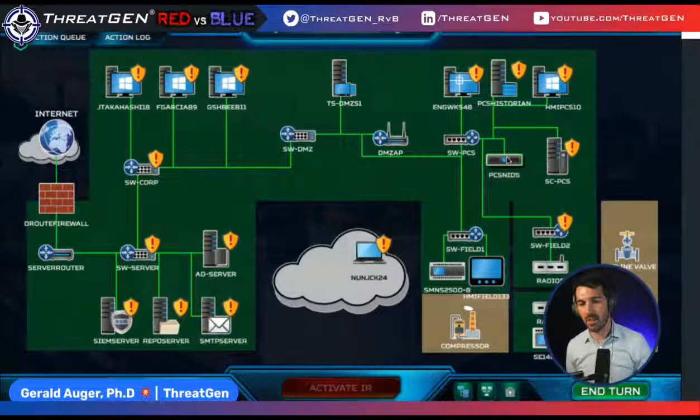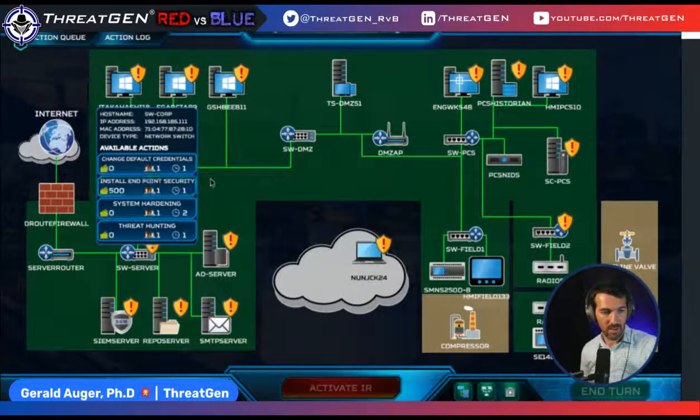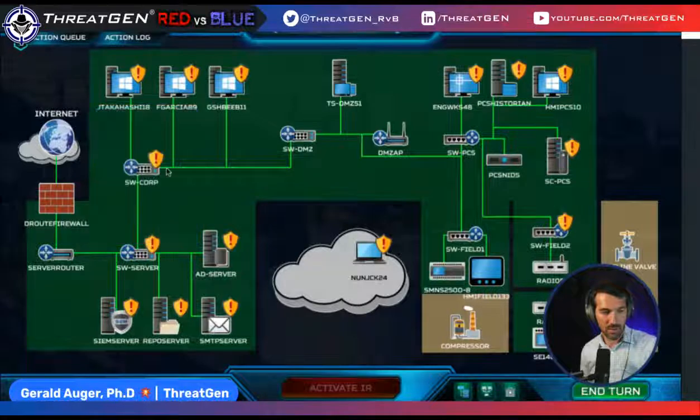So looks like our IDS area is good. We only have 1 person, so we can't do network segmentation, but we can install that. Let's definitely change the default creds. I just feel like default creds is literally the worst thing you could do.